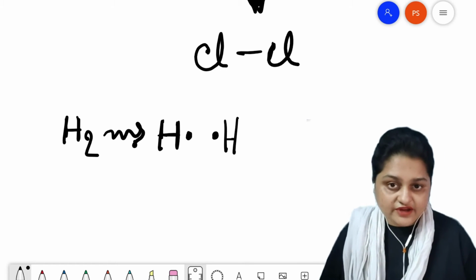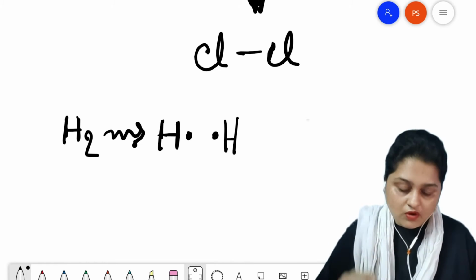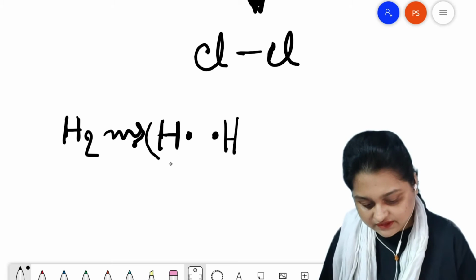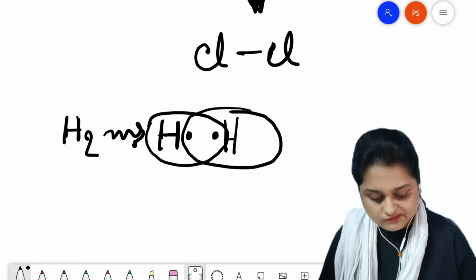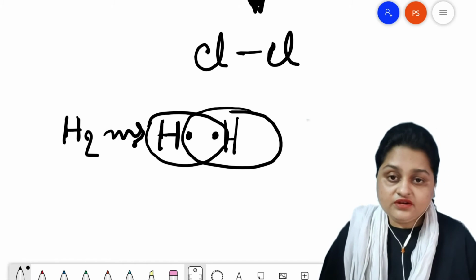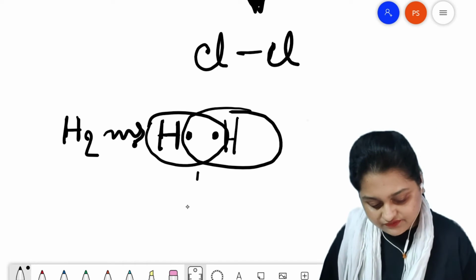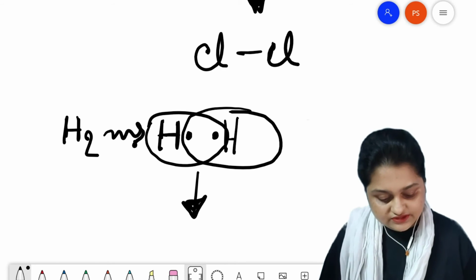Both of the hydrogen atoms share their only 1 electron, thus gaining their duplet and forming the single bond.